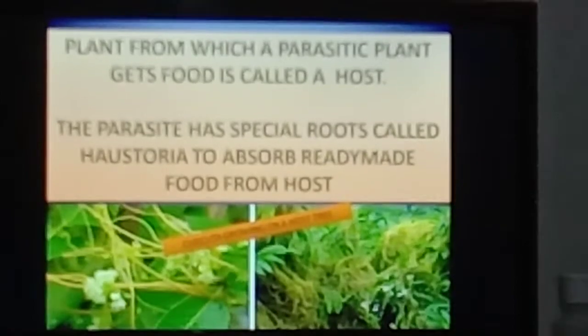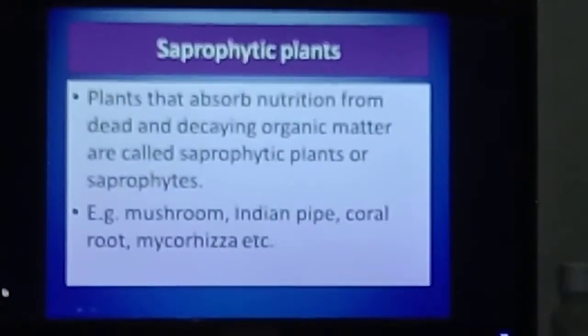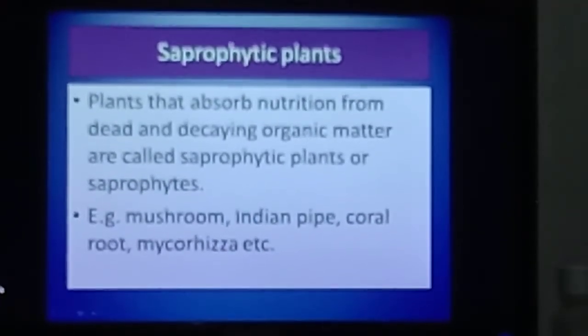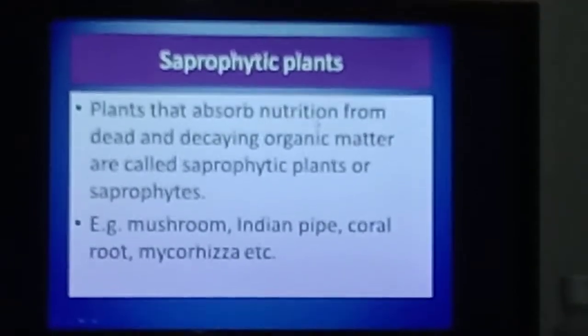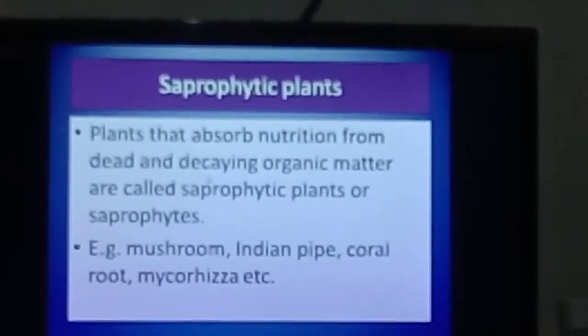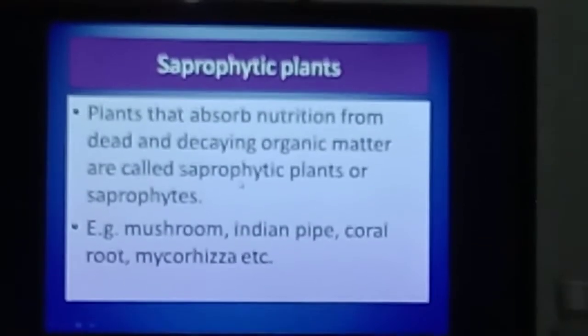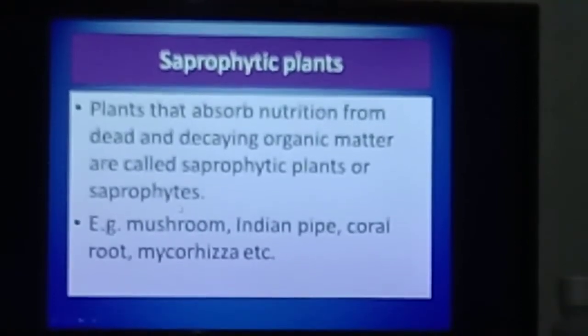The next category of heterotrophic plants is saprophytic plants or saprophytes. Plants that absorb nutrition from dead and decaying organic matter are called saprophytic plants or saprophytes.